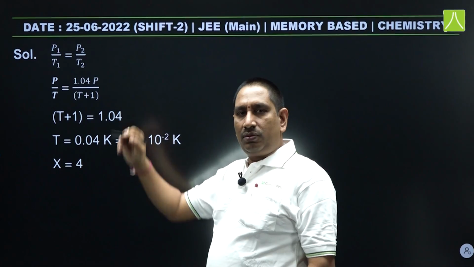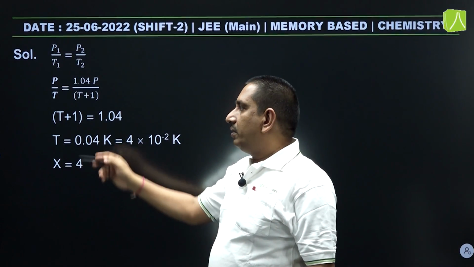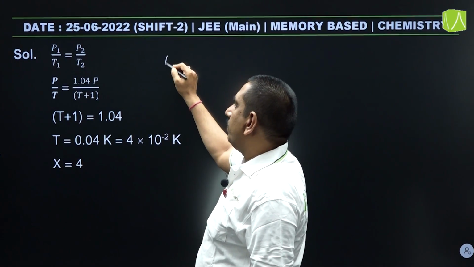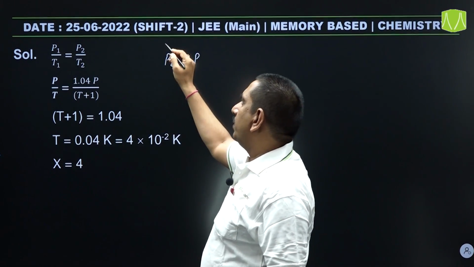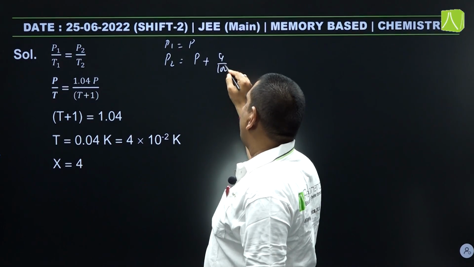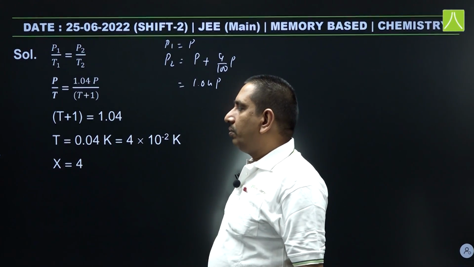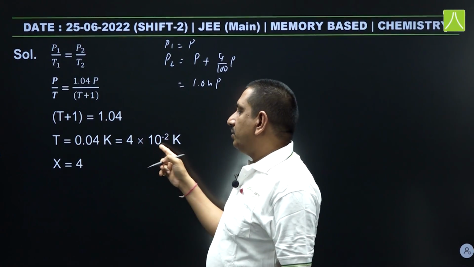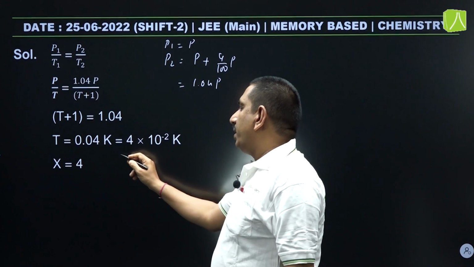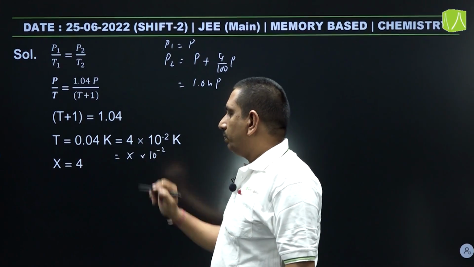So, pressure is directly proportional to temperature, P1 by T1 equal to P2 by T2, and if you put the data, then you will get temperature as 0.04 Kelvin, because here P1 is the initial pressure, let it be P, and P2 is P plus 4% of P, that is 1.04 P, and substituted here, and on solving this temperature you are getting 4 into 10 power minus 2 Kelvin, and it is expressed in the form of x into 10 power minus 2 Kelvin. So, x value is equal to 4.